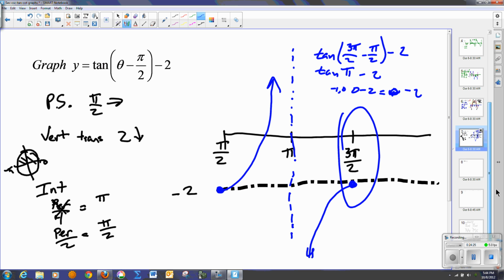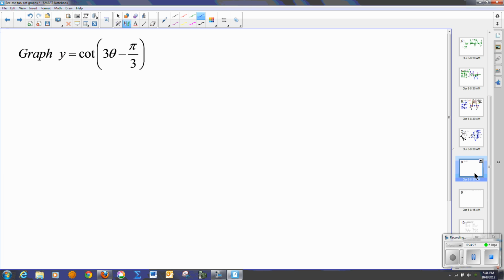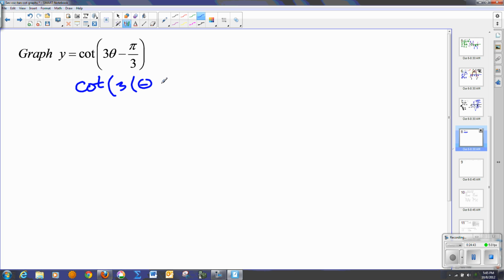I think we've got 1 or 2 more examples for you. Cotangent, once again, I'm going to put this in the proper form. This is a cotangent, pull out a 3. I'm left with theta minus pi/9, yuck.